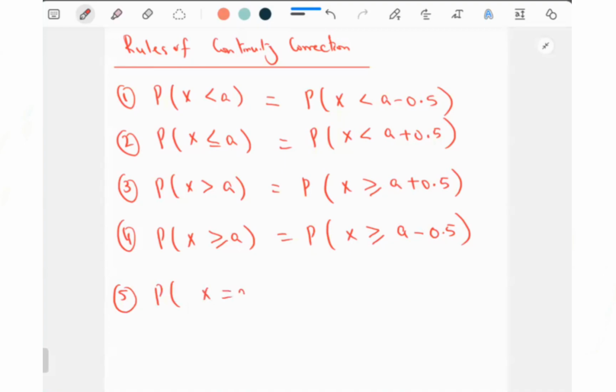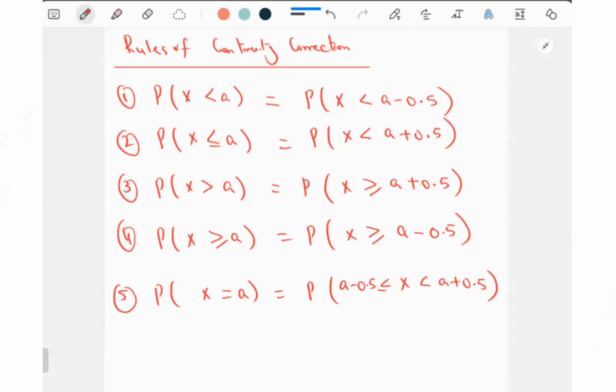And probability of x is equals to a will become probability of x that lies between a minus 0.5 and a plus 0.5 not inclusive. These are the 5 rules of continuity correction that need to be remembered whenever we are converting binomial to normal or Poisson to normal.